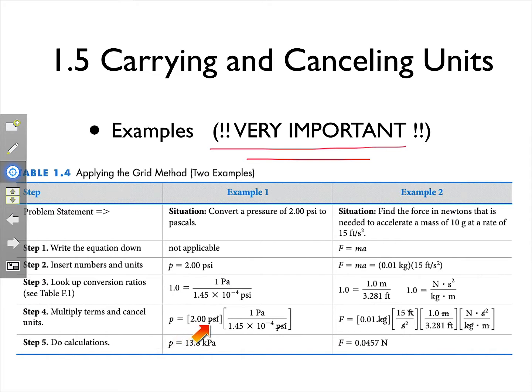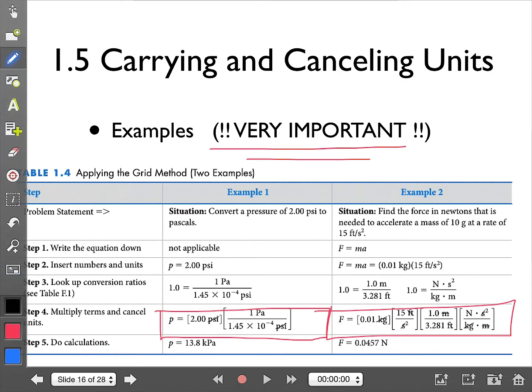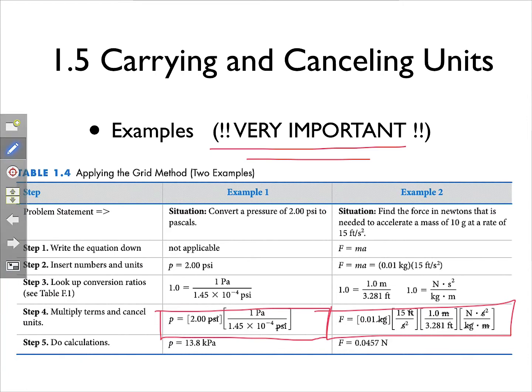All steps should have units on the numbers. That's the type of thing that I'm looking for in your homework assignments when you have to cancel units and deal with equations. Okay? So that's what we're all striving for.